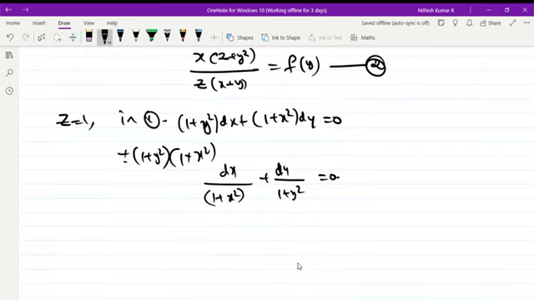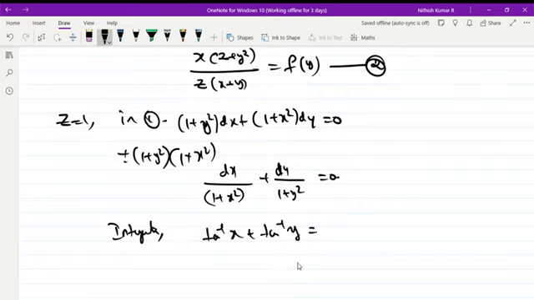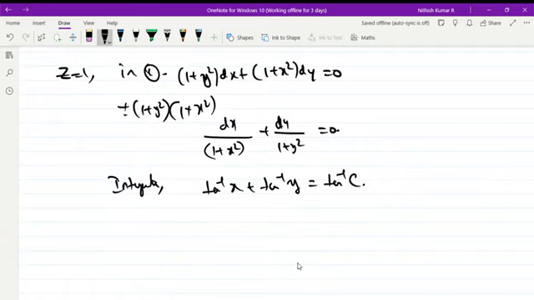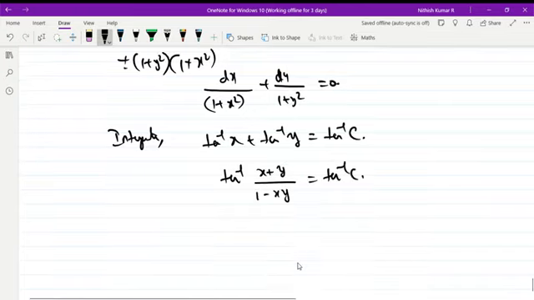Now if you integrate, 1 by 1 plus x square gives tan inverse of x, plus tan inverse of y, equal to a constant. Let's take this constant as tan inverse c. So tan inverse x plus tan inverse y is tan inverse of x plus y divided by 1 minus x into y, which is tan inverse of c.